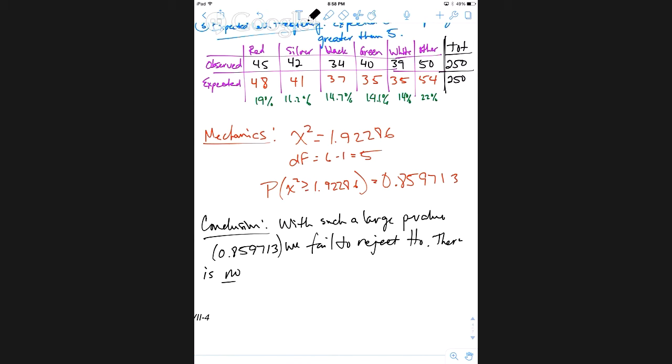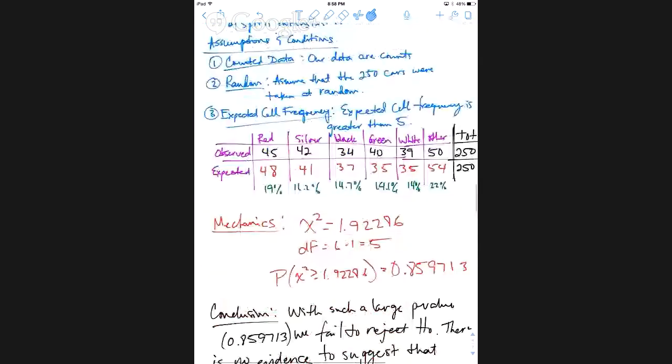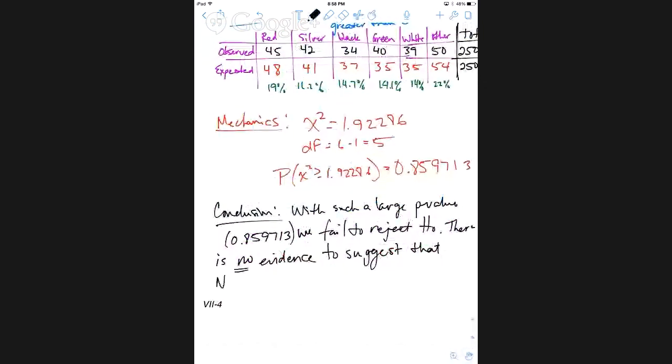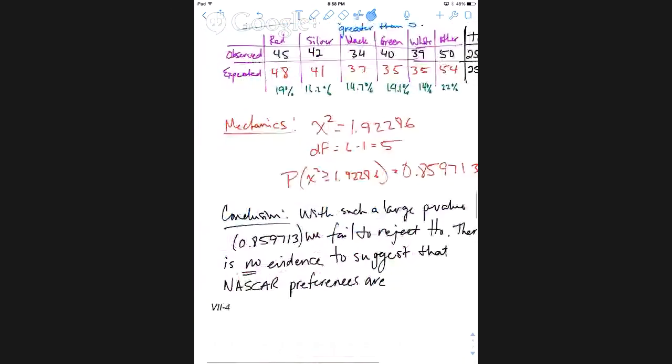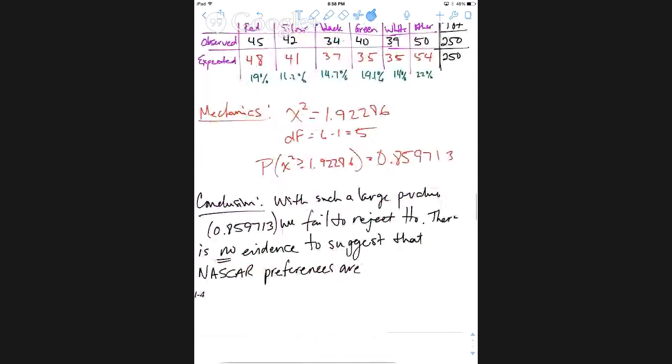There is no evidence to suggest that NASCAR preferences are, I'm going to use a big word here, are atypical.